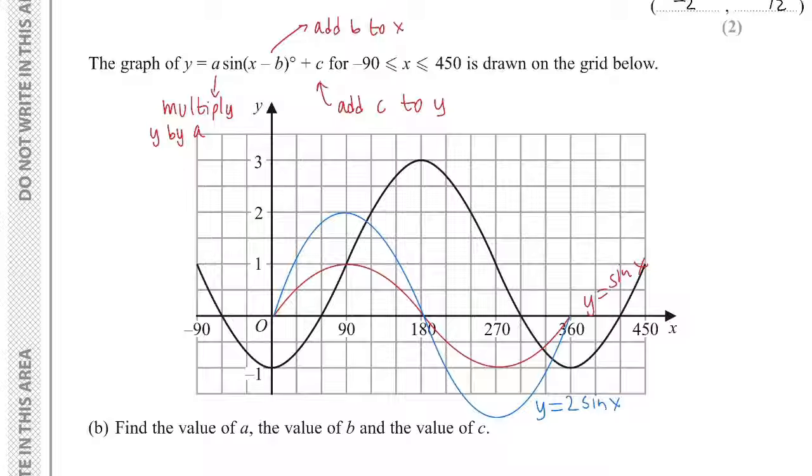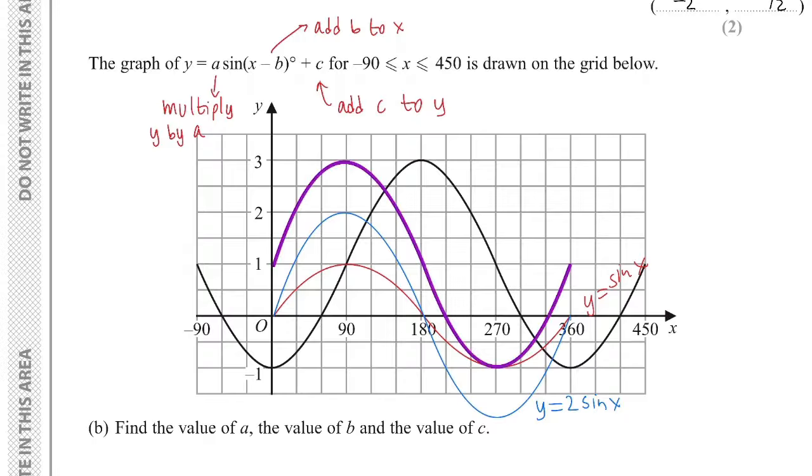So if I take this and I move it 1 up, let me just do that. So I will take the graph of 2 sine x and I will take it 1 up. Let me change the colors a bit.